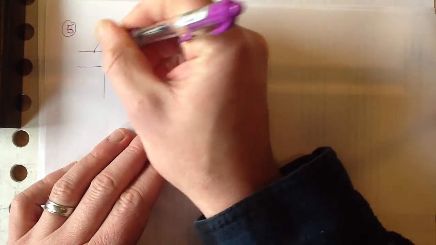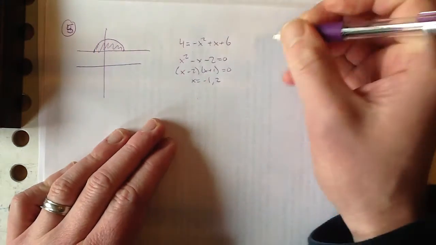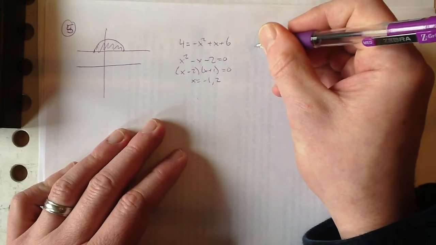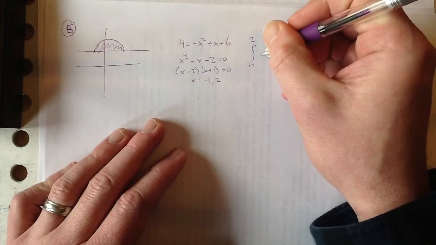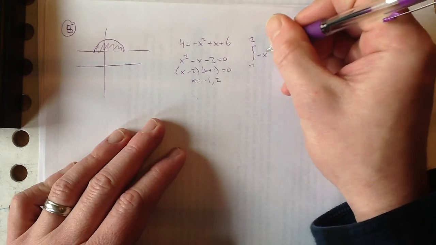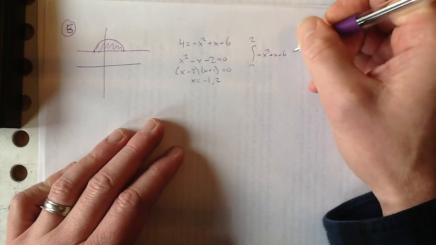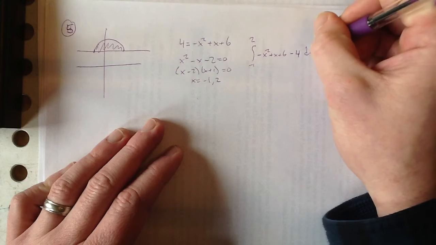So it's some region like this. I know the parabola is on top because it's a downward opening parabola. So that means we're talking about the area from negative 1 to 2 of the parabola on top, minus x squared plus x plus 6, minus 4 on the bottom, dx.